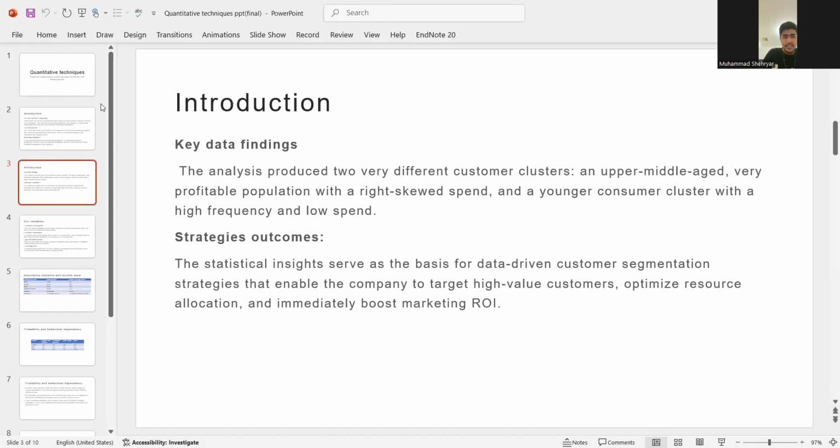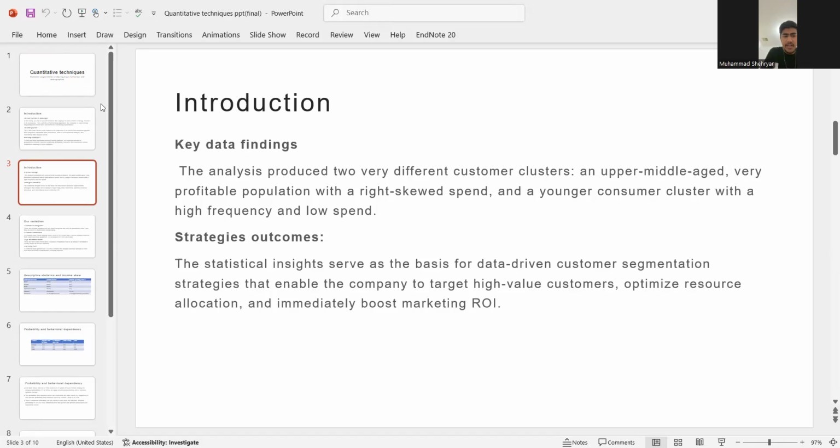These statistical insights serve as the basis of data-driven customer segmentation strategies that enable the company to target high-value customers, optimize resource allocation, and immediately boost marketing ROI.